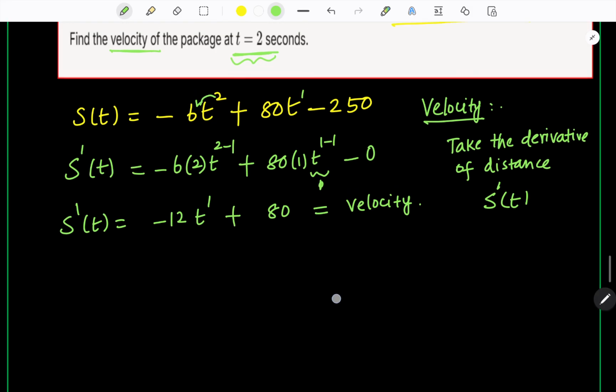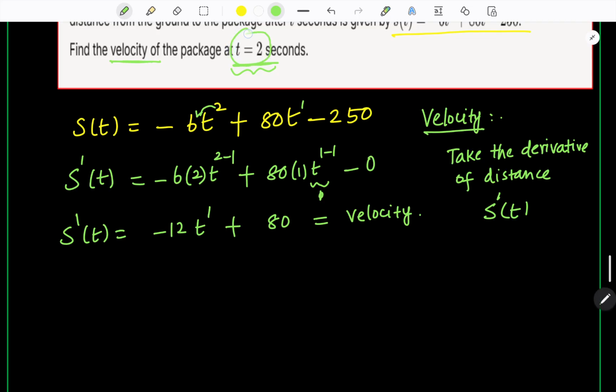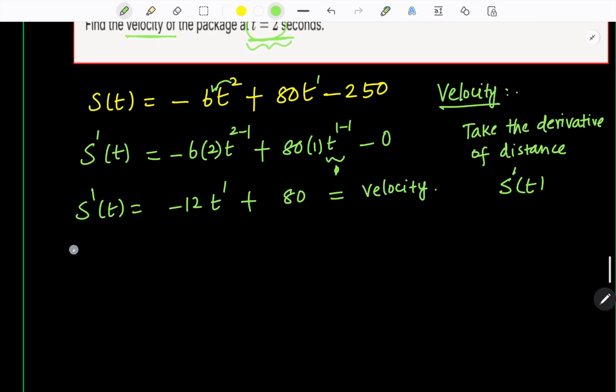Now what is the question? They are asking at t is equal to 2 seconds. So you are going to put t is equal to 2. So minus 12 into 2 plus 80, which is equal to, go to the calculator, minus 24, and then plus 80, which is equal to 56.